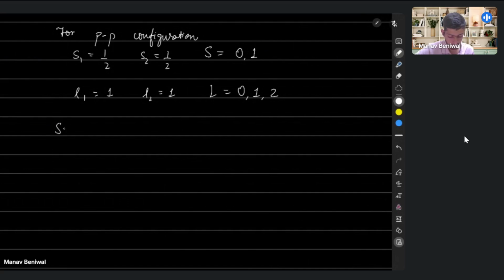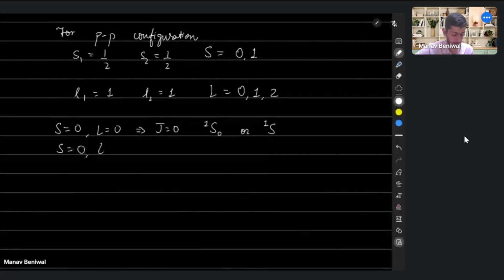So when S is 0 and L is 0, this would imply J is 0. So we get 1S0, or 1S. When S is 0 and L is 1, we get J as 1.